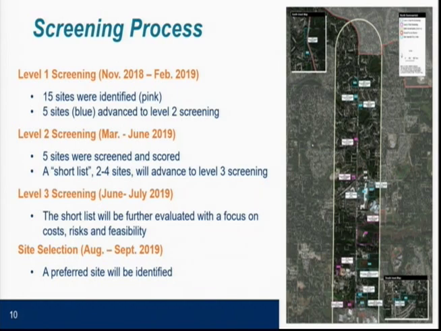And after we receive feedback from City Council, from you, from the public, we will then propose a short list of 2 to 4 sites to advance into final screening during the latter part of the summer.